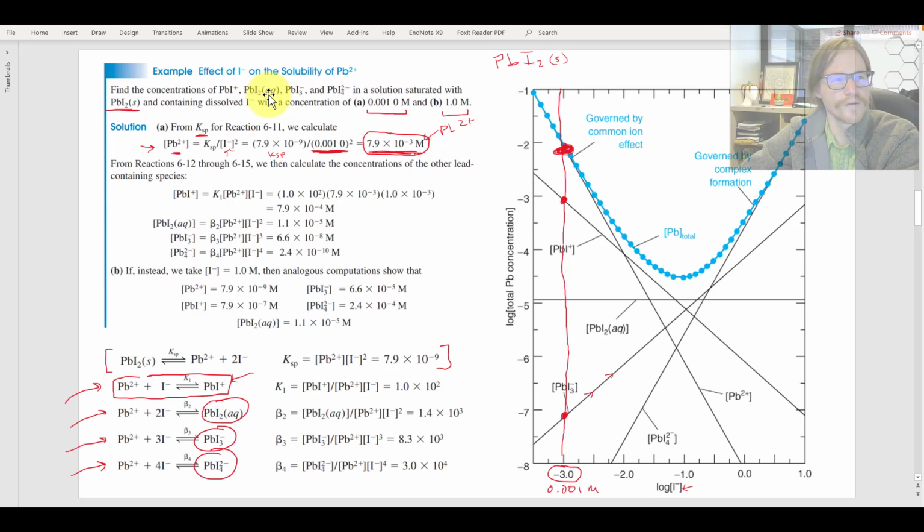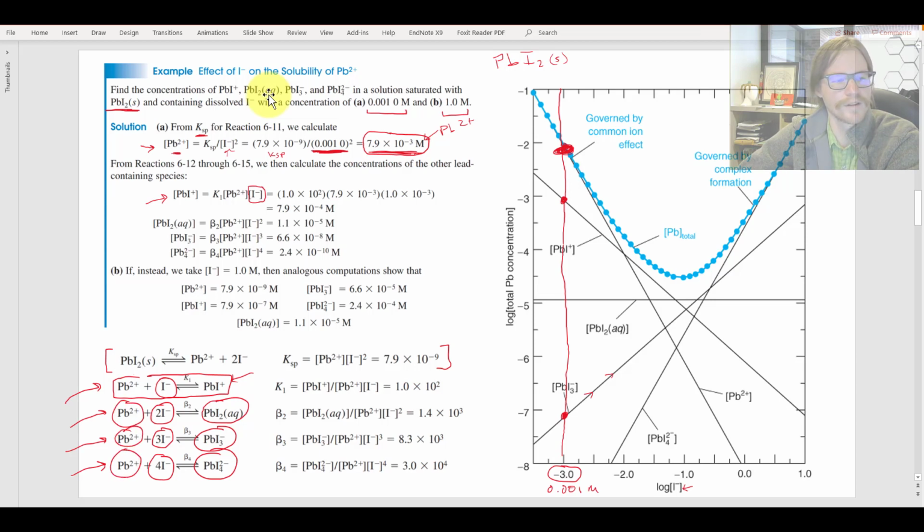So we can move down and we could compute our lead iodide plus by doing the same process, right? We know iodide. The iodide concentration can't change. It's fixed across the system. So that means the iodide concentration can be input into any one of these expressions, and we can back out the concentration of any of the others, knowing that we also just computed the lead concentration for each of these.